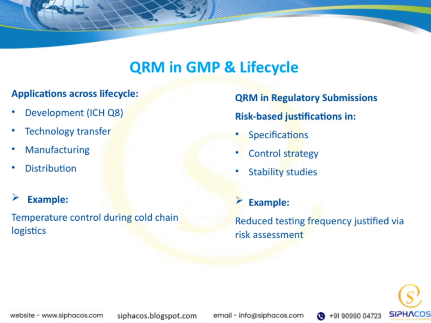By applying risk assessment, companies can justify specific controls or reduced testing in areas where the risk of product degradation is low, ensuring both efficiency and compliance. Overall, integrating QRM into regulatory submissions helps streamline processes, justify decisions, and ultimately ensure product quality throughout its life cycle.